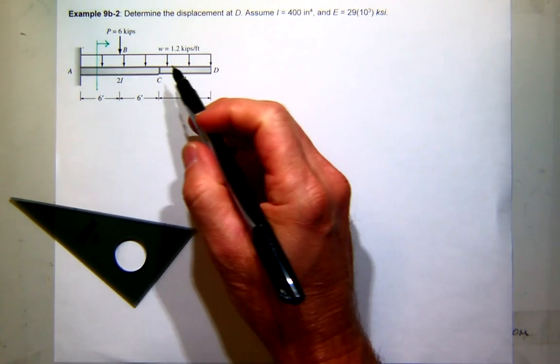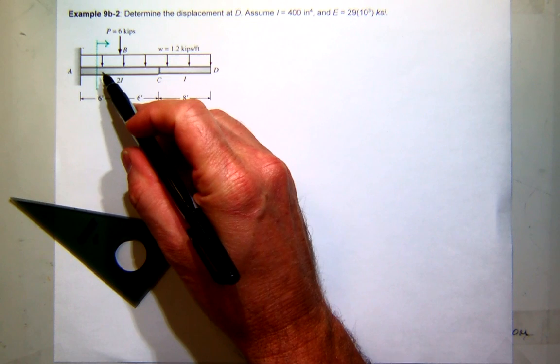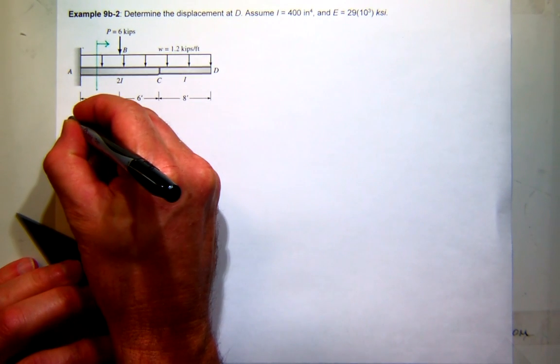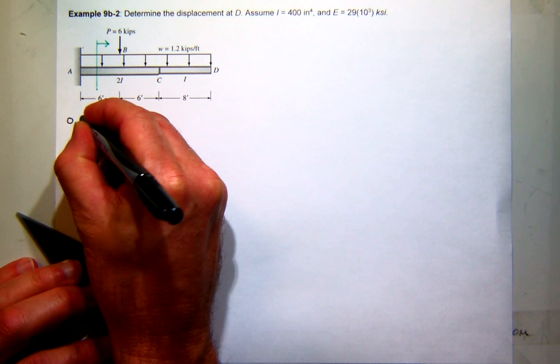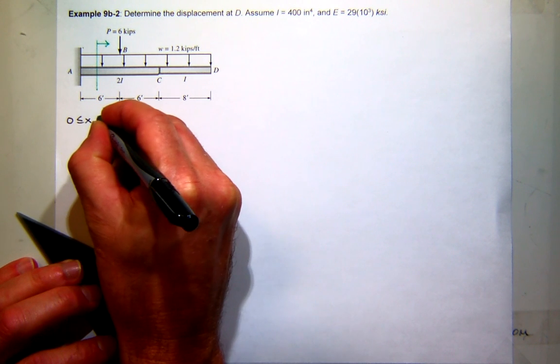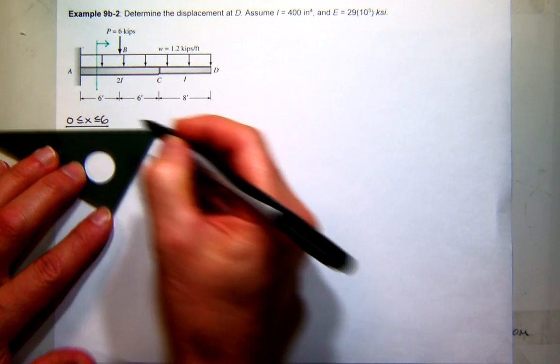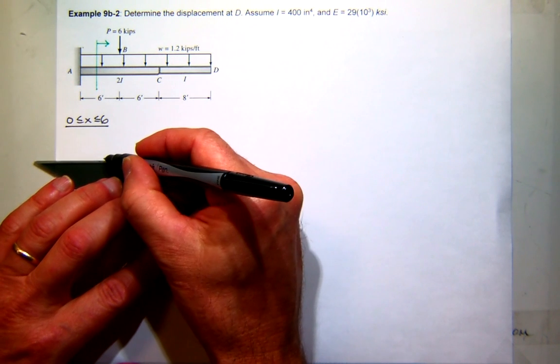So if I cut it here between 0 and 6, I'm going to look at this side of the free body diagram. So this will be my real moment. It's still going to be valid from 0 to 6, except this is what my free body diagram is going to look like.